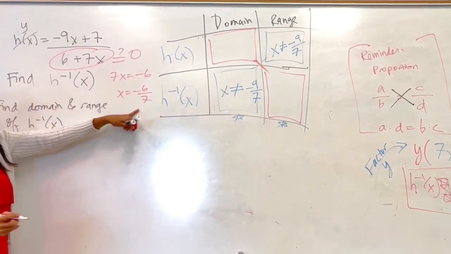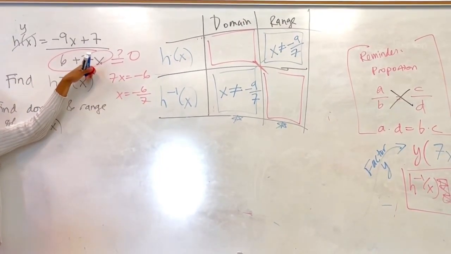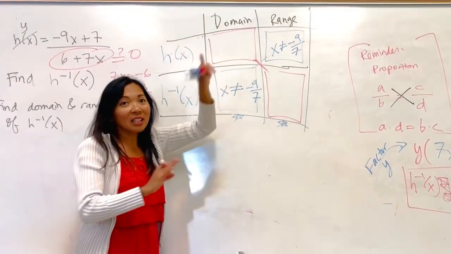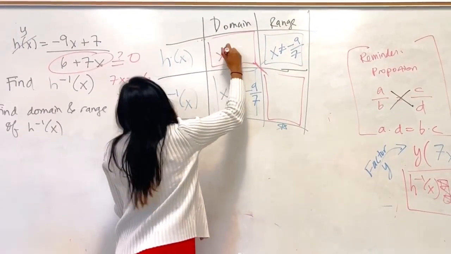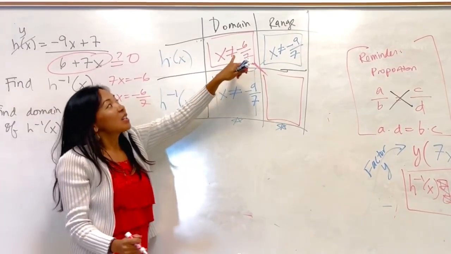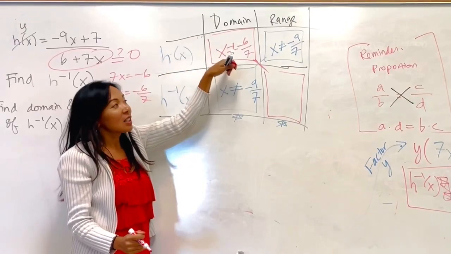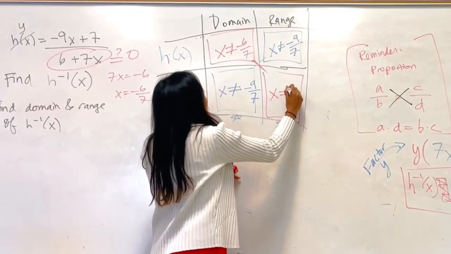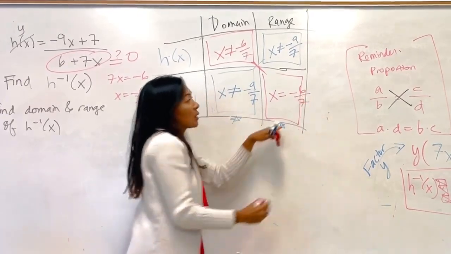So negative 6/7 will cause the denominator to equal 0. That means my domain is any number except negative 6/7. Since this is the domain of h, this answer is also the range of the inverse.